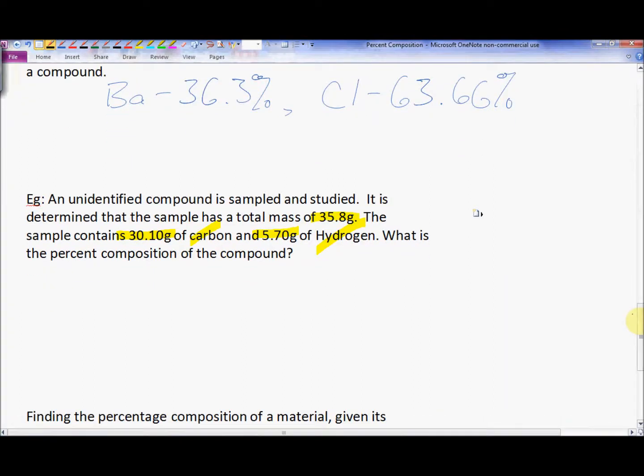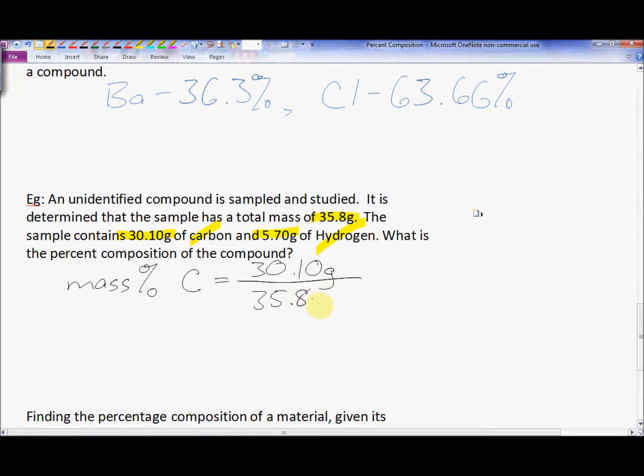Okay, so we could start with the carbon. So the mass percent for the carbon is going to be equal to, okay, so we have 30.10 grams of carbon. Divide that by 35.8 grams, which is the total mass of the sample.